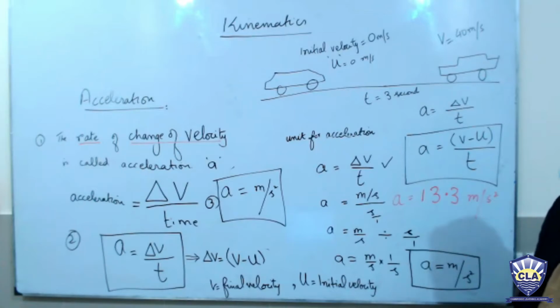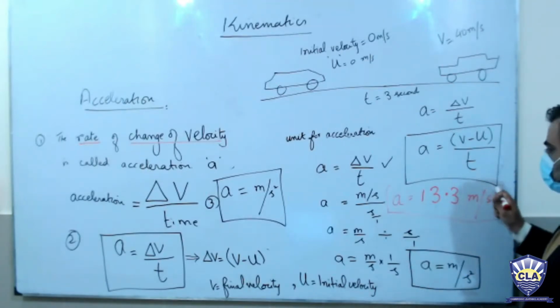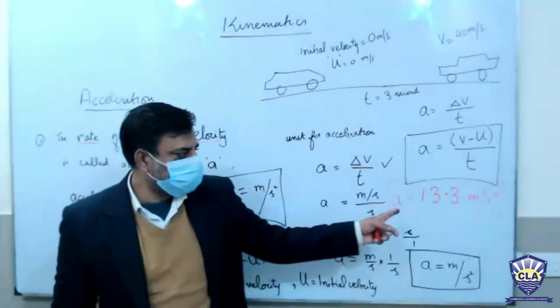Sir, 40 divided by 3 होगा ना फिर? तो 13.3. Exactly. 40 divided by 3. Shabash. 13.3, yes. Excellent. Good. साथ करते जाना. ठीक है? We have to do it by ourselves.